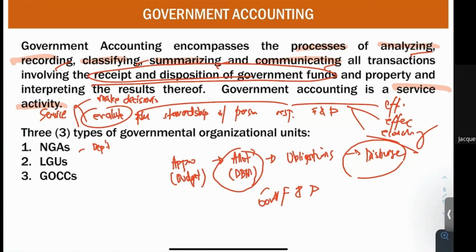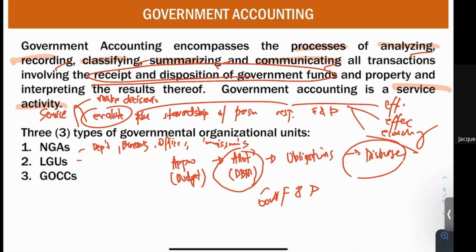Aside from departments, we also have your bureaus, your favorite, BIR, BTR, Bureau of Treasury, Land Management Bureau. Those are different bureaus. Some are also called offices. Some are called commissions. So these are all national government units or agencies.